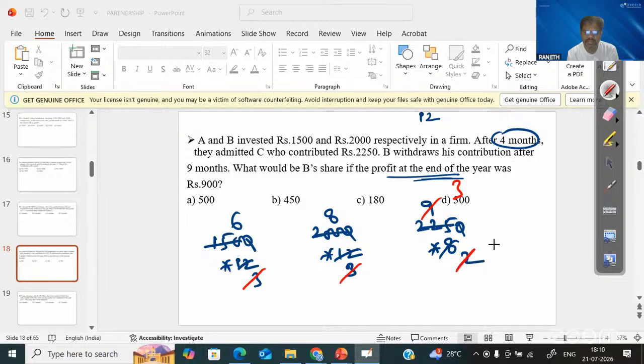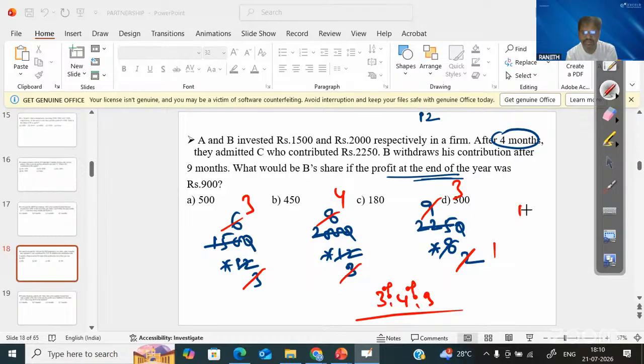Again it is cancelled by 2: 2 ones are, 2 fours are, 2 threes are. Finally it is 3 is to 4 is to 3. So 3 plus 4 is 7, 7 plus 3 is 10. Where 10 parts are equal to 900, we need to find B. B will be equal to 4 parts, where 1 part equals 90, and 4 parts equal 360.